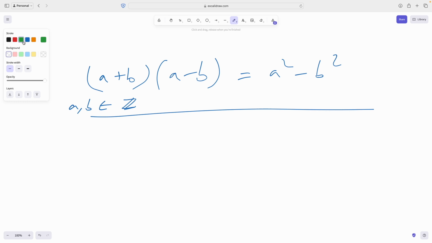In fact, we could have also said A and B are real numbers. But as soon as we said A and B are in the set of natural numbers, which is 0, 1, 2, 3, can you see what the problem might be? Some people don't have 0, but that doesn't matter here.